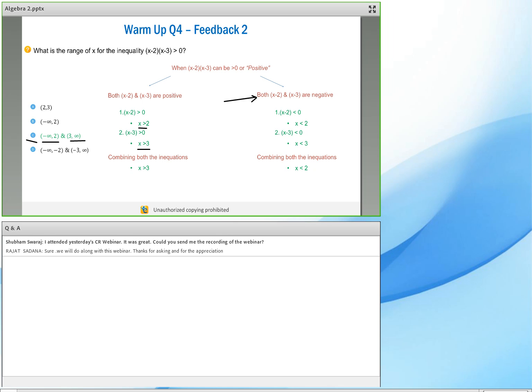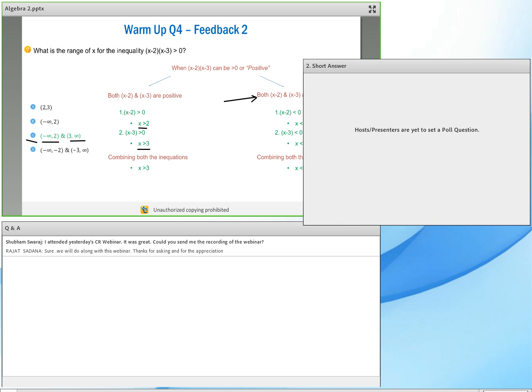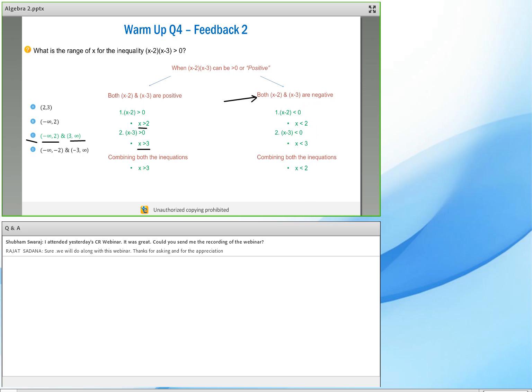Now, for those of you who made a mistake in this particular question, where did you make a mistake, or why did you make a mistake? Sorry, wrong poll. So why did you make a mistake over here?